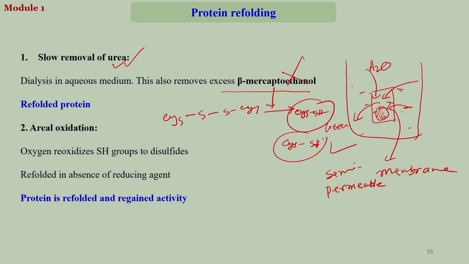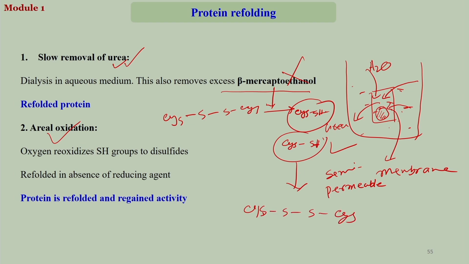Further reduction will not happen. So, once you remove the beta mercaptoethanol and allow it to oxidize again, this is done by aerial oxidation. After the dialysis, if you take your protein content and allow it aerial oxidation, this process will resume. Cysteine SH will again form the disulfide bond.